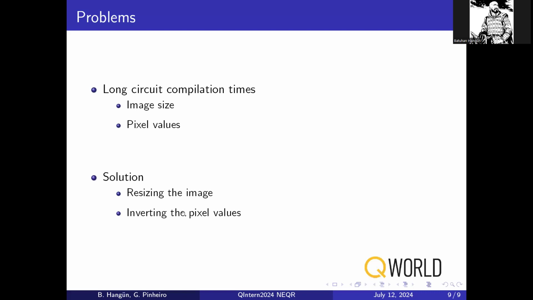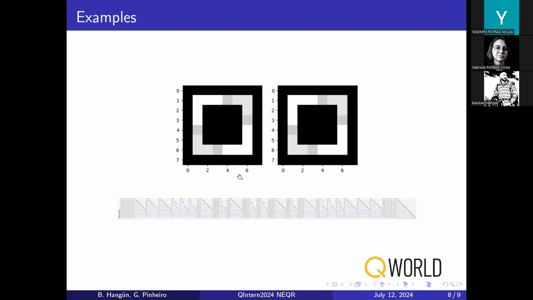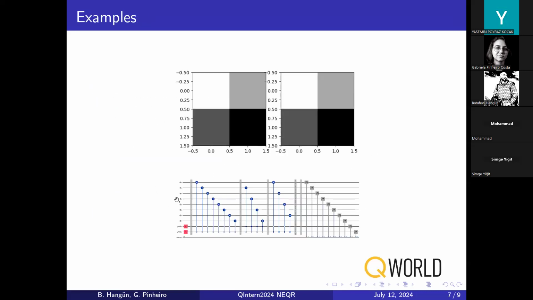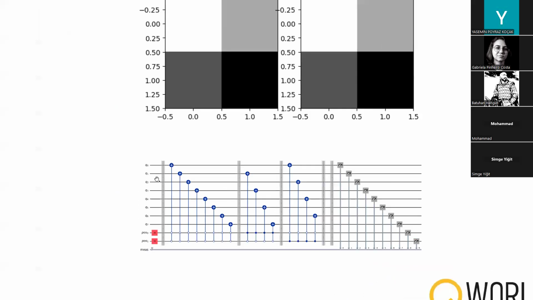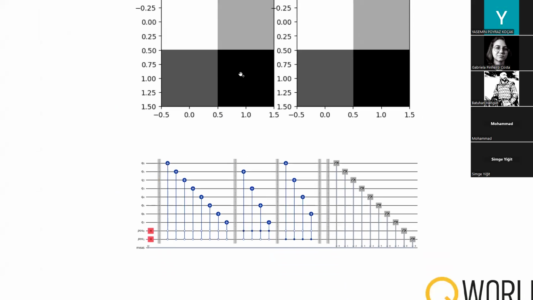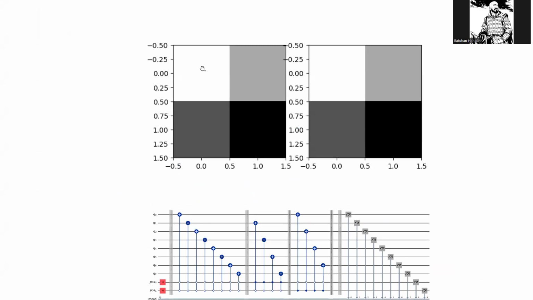We also tried inverting the pixel values to see if it could bring some solution, because as you know, if the pixel value is 0, pure black, you don't need to apply any quantum gates. But if it's not black, then you need to apply some quantum gates to get the expected value.